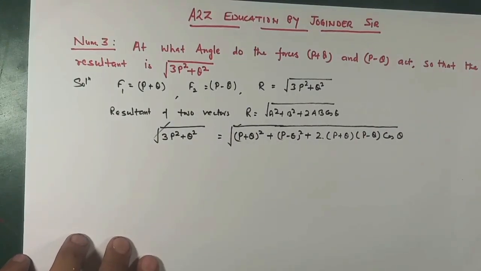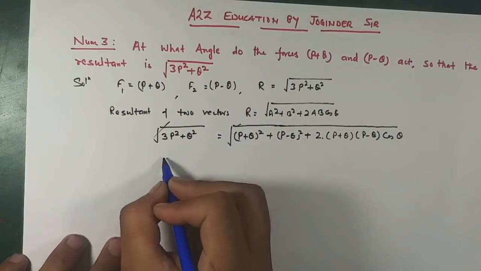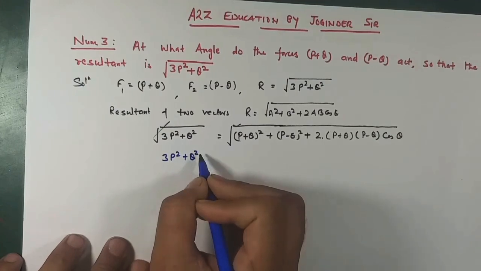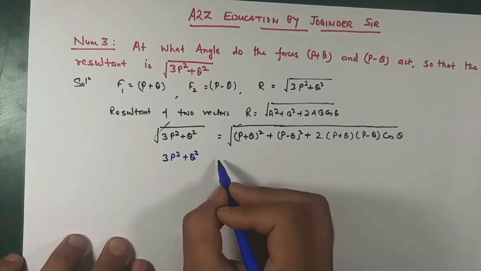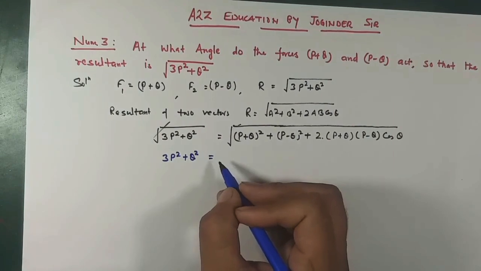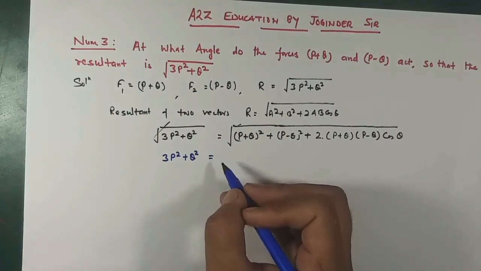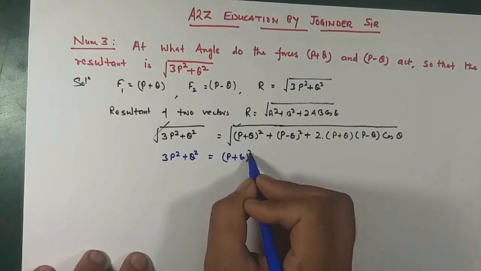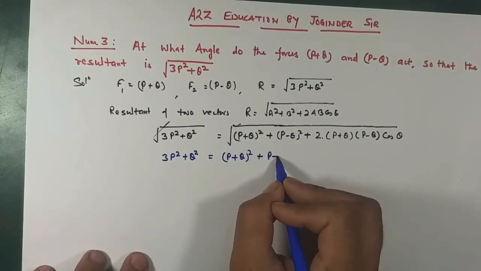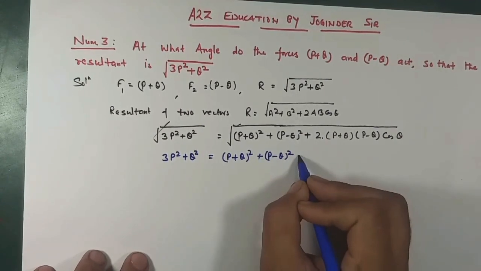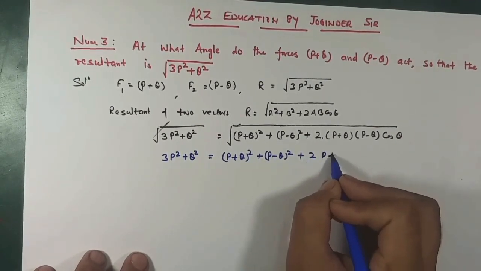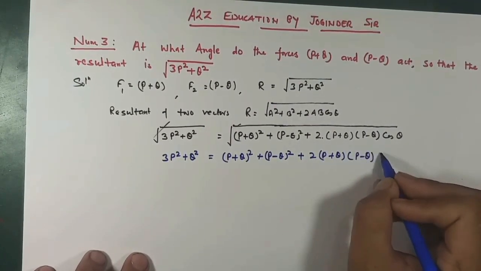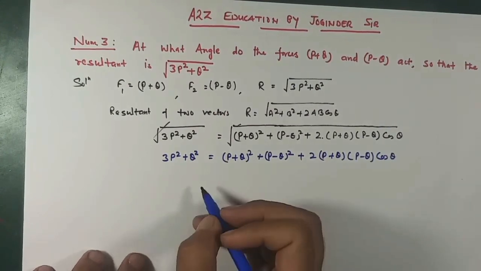So we will have the values now. 3P square plus Q square is equal to P plus Q whole square plus P minus Q whole square plus 2 into P plus Q into P minus Q cos of angle theta.